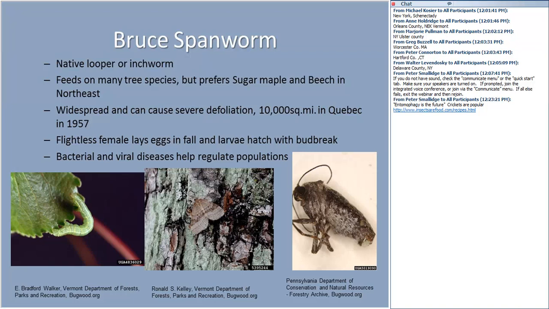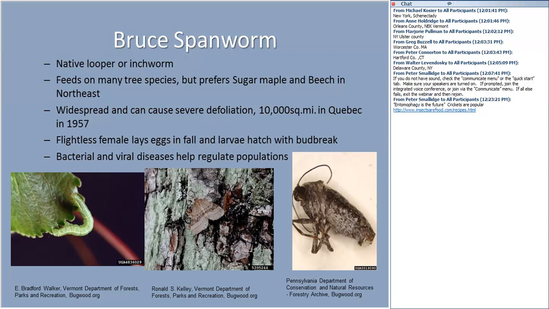So if something retards the bud break of the tree, we might lose that cohort of the population because there's nothing to feed on. So there's a lot of questions surrounding these insects and what controls their population growth that we just don't have a handle on right now.